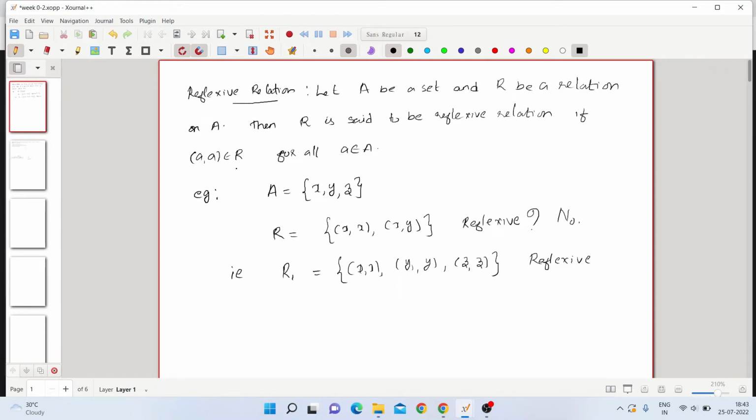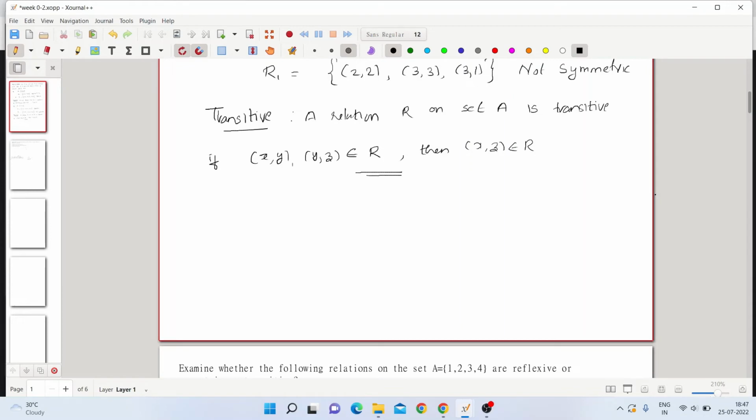A relation R on set A is said to be transitive if we have (x, y) and (y, z) in R, then the element (x, z) should be in R. If this condition is satisfied, then R is said to be a transitive relation.